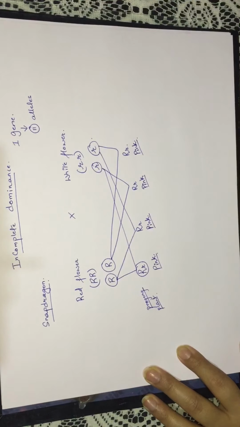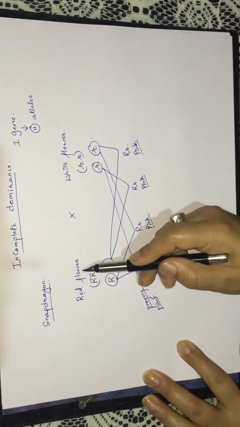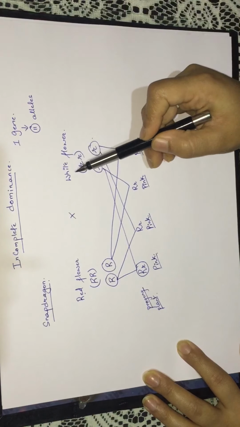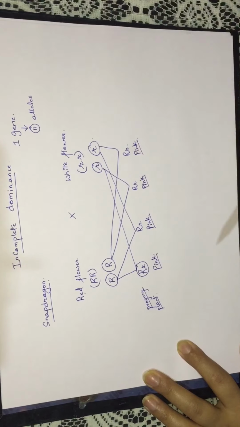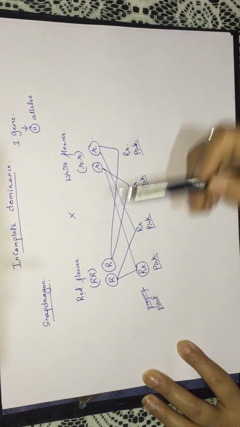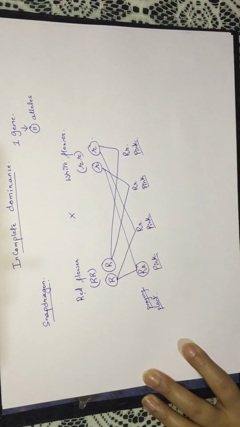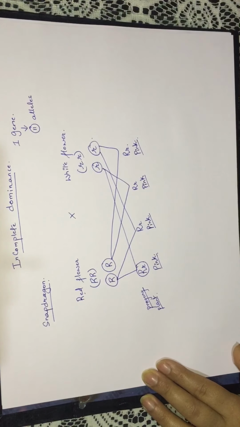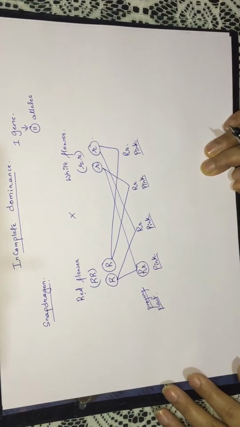As a result, this heterozygous combination gives an intermixing of the parental colors. So if one parent bears red flower and the other parent bears white flower, then the progeny will have pink flower, that is the mixture of both white and red. So this is all about incomplete dominance.